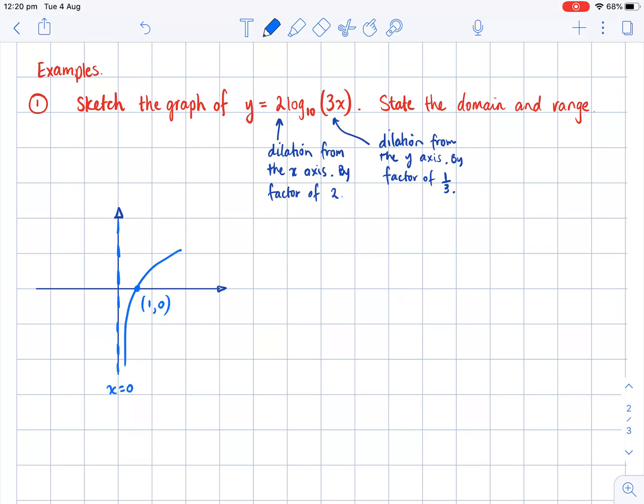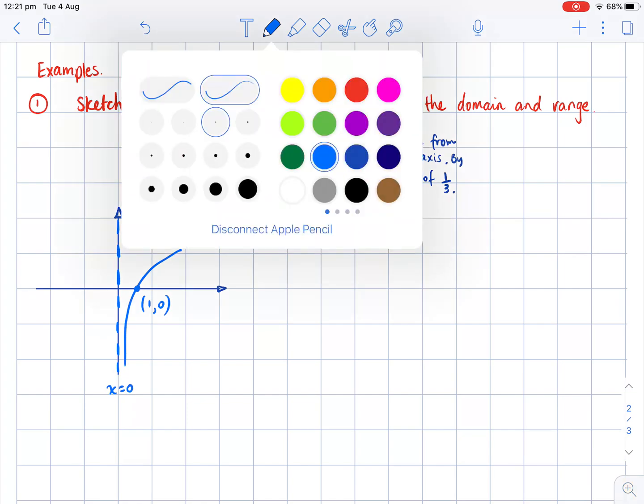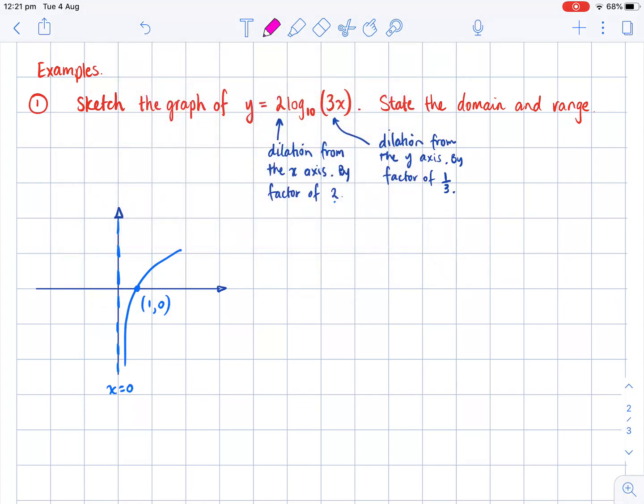Now if I'm going to dilate this by a factor of 2 from the x-axis, what that means is that every value is going to end up twice as far from the x-axis. So this value here will be twice as big, which will end up there.